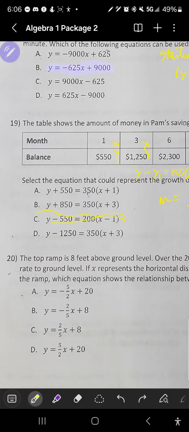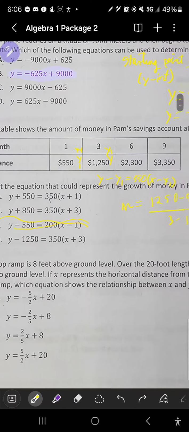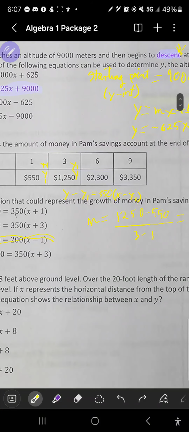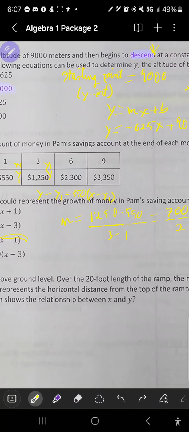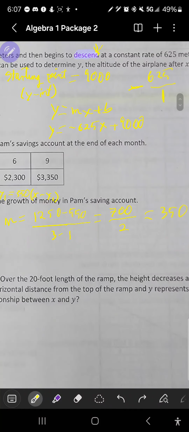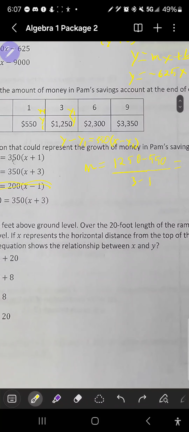Okay, and so I'm trying to think, maybe I did something wrong here. Anyway, no, I don't think so. If I calculate this out, 1,000 divided by 3, it's also 350. So yeah, the result is 350 for all of them.